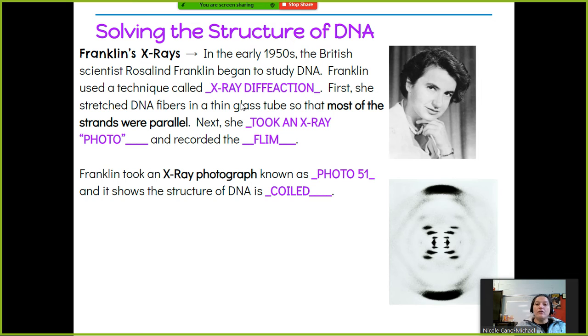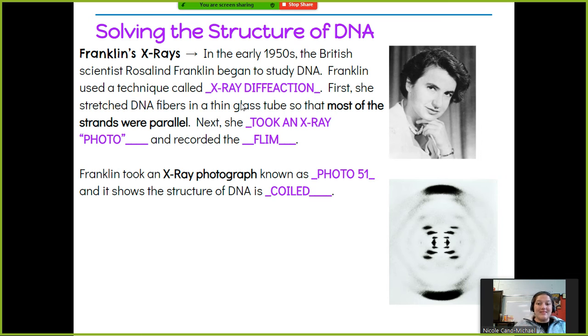So underneath her picture is the famous Photo 51. That is the photograph that made Rosalind Franklin famous. The reason why is because we have this X-shaped pattern. And if we have an X-shaped pattern and things that are running parallel to each other, what we now know is that DNA has to be a coil.